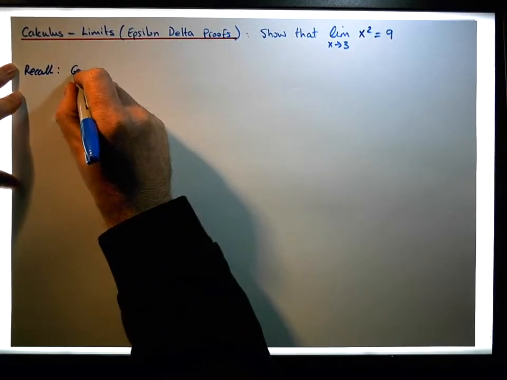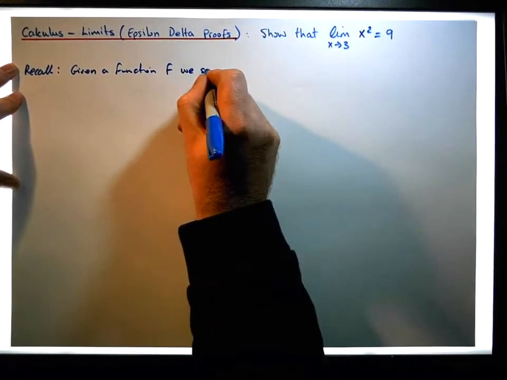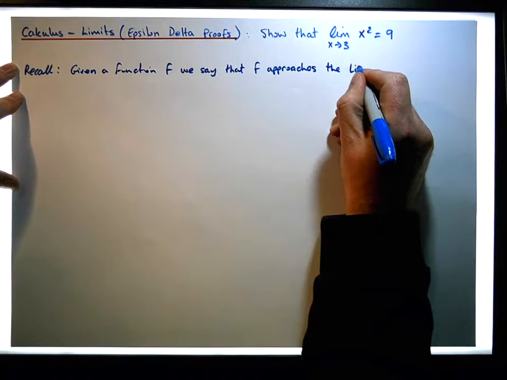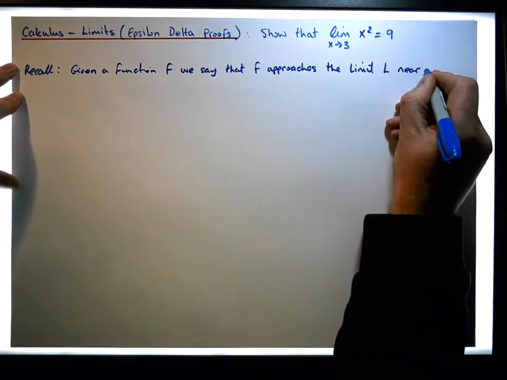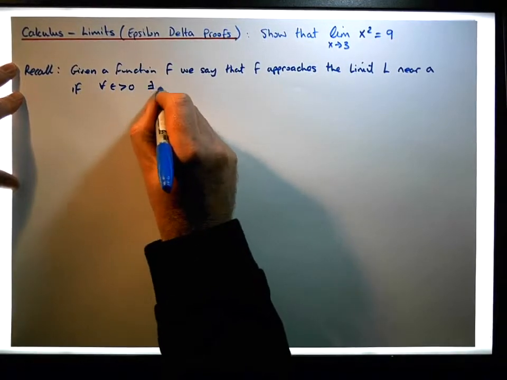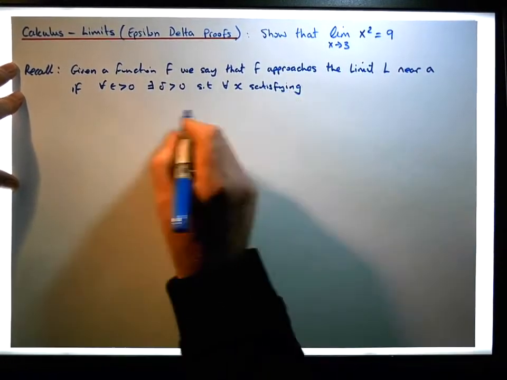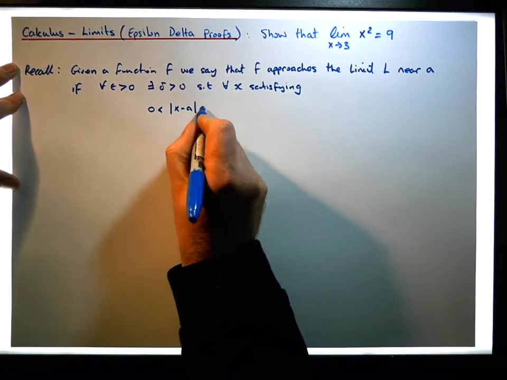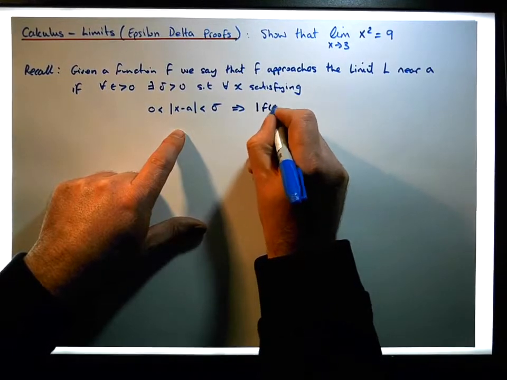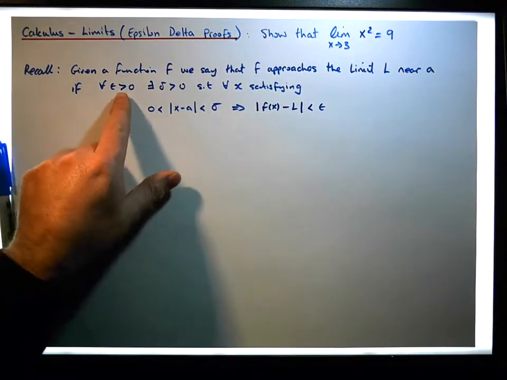Given a function f, we say that f approaches the limit L near a if for each and every epsilon greater than 0, there exists a delta greater than 0, such that for each and every x satisfying 0 < |x - a| < delta, this implies that the absolute value of f(x) - L must be less than epsilon.